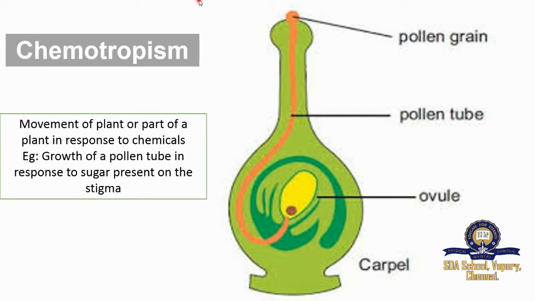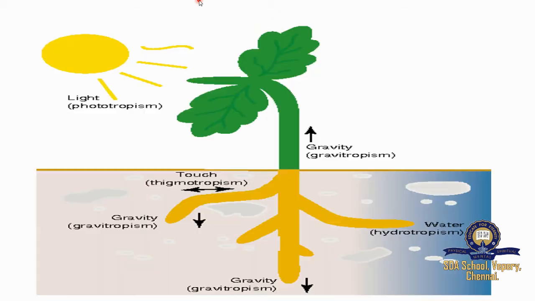So we studied five types of tropism, right? What are the five types? First is phototropism, second is geotropism, third is thigmotropism, fourth is hydrotropism, fifth one is chemotropism. See in this picture, if it is from light, it is termed phototropism. If it is touch, it is termed thigmotropism.